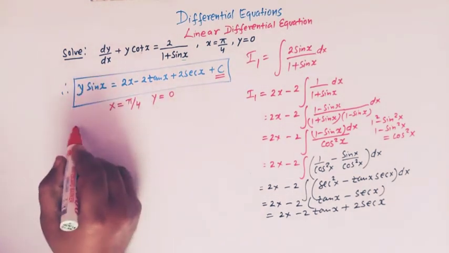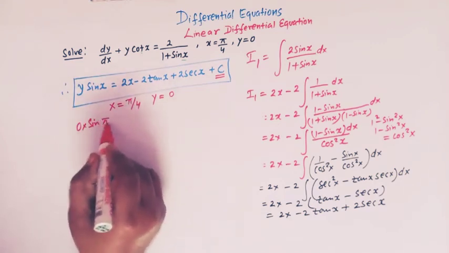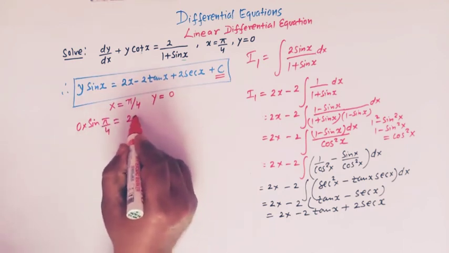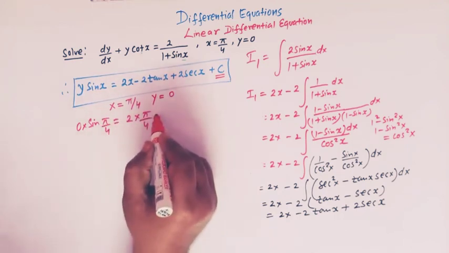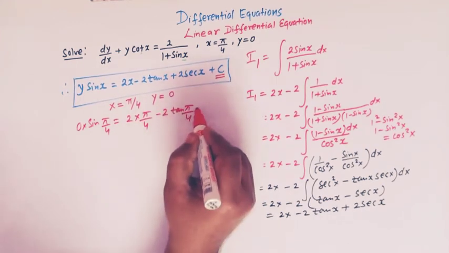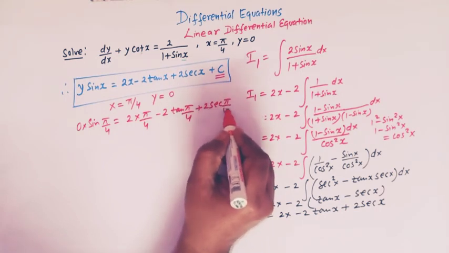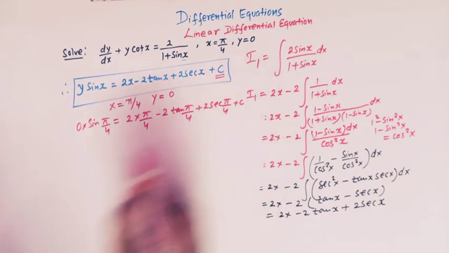So when y is 0 and x is equal to pi over 4, here we have 2 times pi over 4, then minus 2 tan pi over 4 plus 2 times secant of pi over 4 and plus c, right?